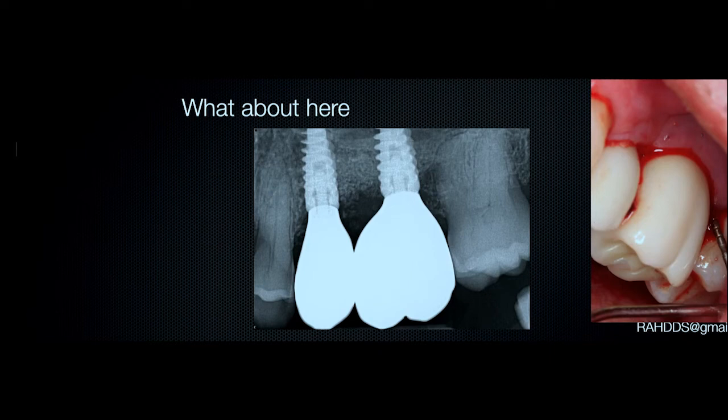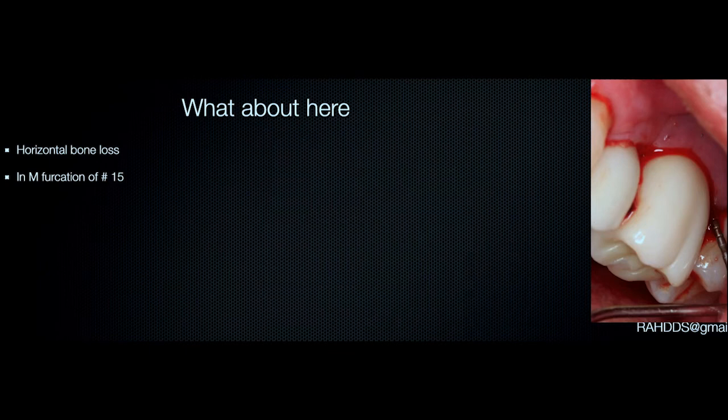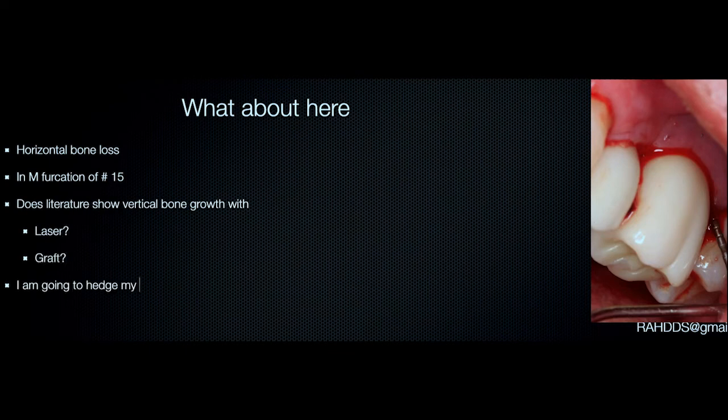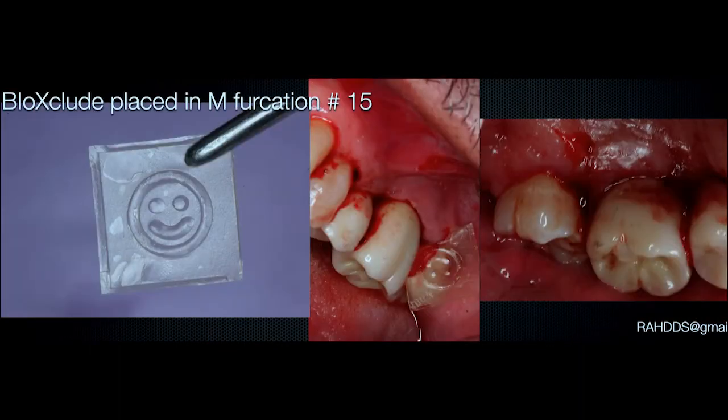Because if I can't keep that molar, I'm not going to be happy. So that last piece showed that the mesiopalatal was 15 millimeters of pocketing. So BioXclude, once it gets wet, 2 curettes, goes right up in the furcation.